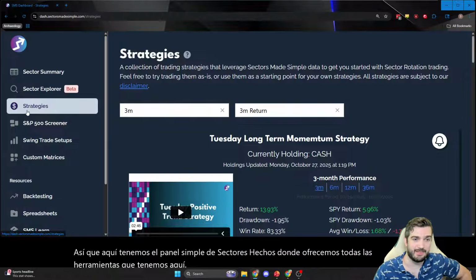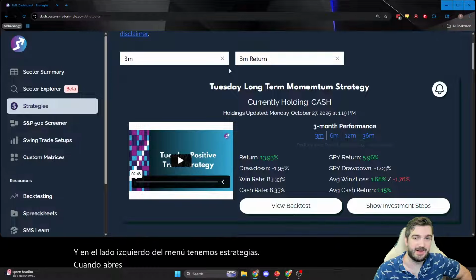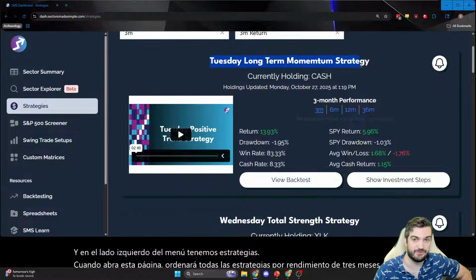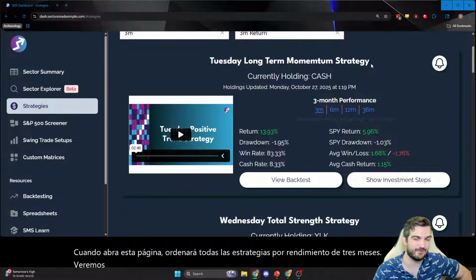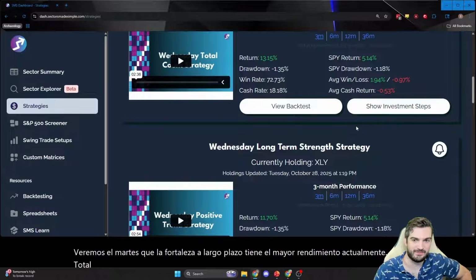And on the left side of the menu, we have strategies. When you open up this page, it will order all of the strategies by 3-month return. We'll see Tuesday long-term strength has the highest return currently. Wednesday total has the second highest. Wednesday long-term has the third highest.